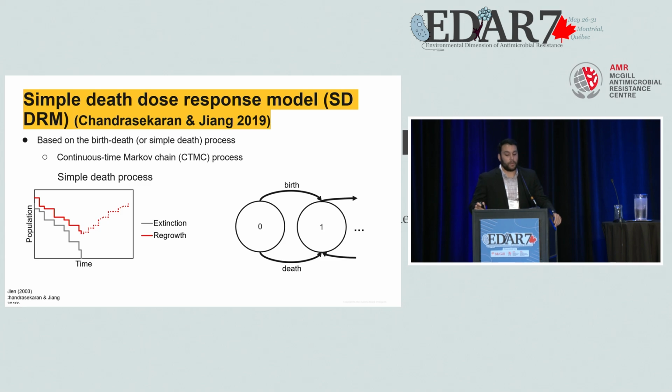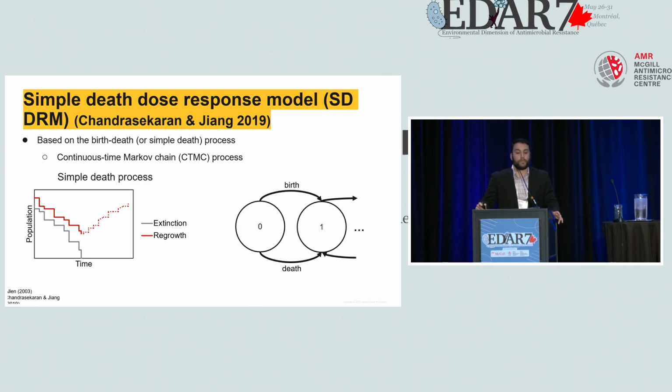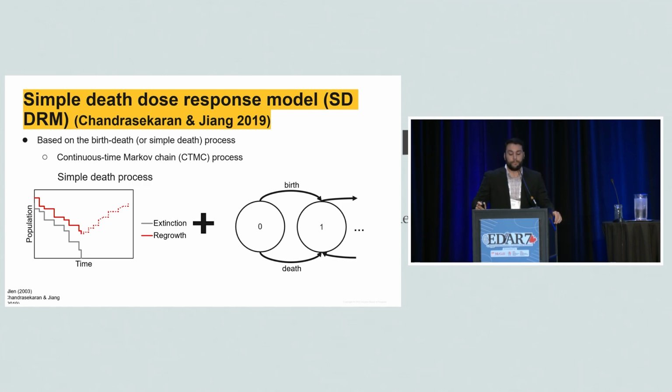The simple death process is that same idea, but we're only going to include the death rate. So if you start with a pathogen dose, let's just say there's 100 people or bacteria, whatever that population is, over time, there's going to be some rate of death. So every time step, they either maybe stay the same or decrease by 1. So that's the fundamental idea of what this dose response model is based upon.